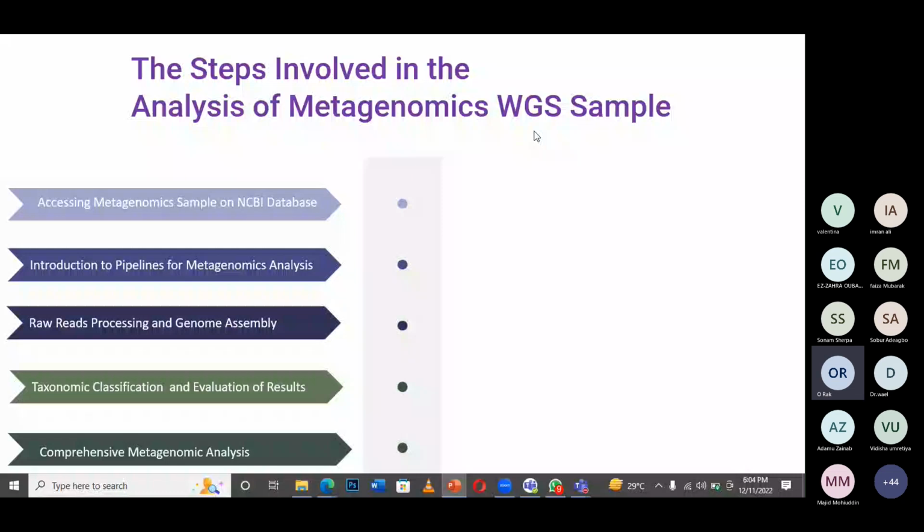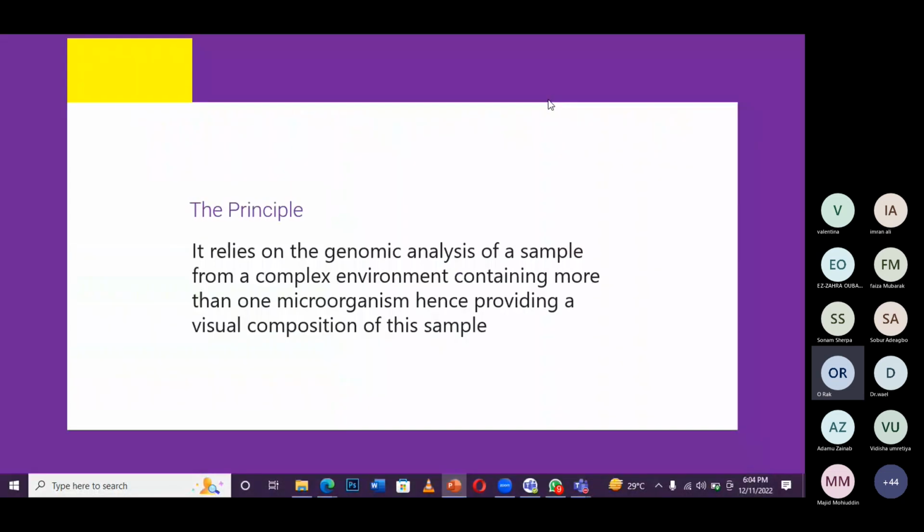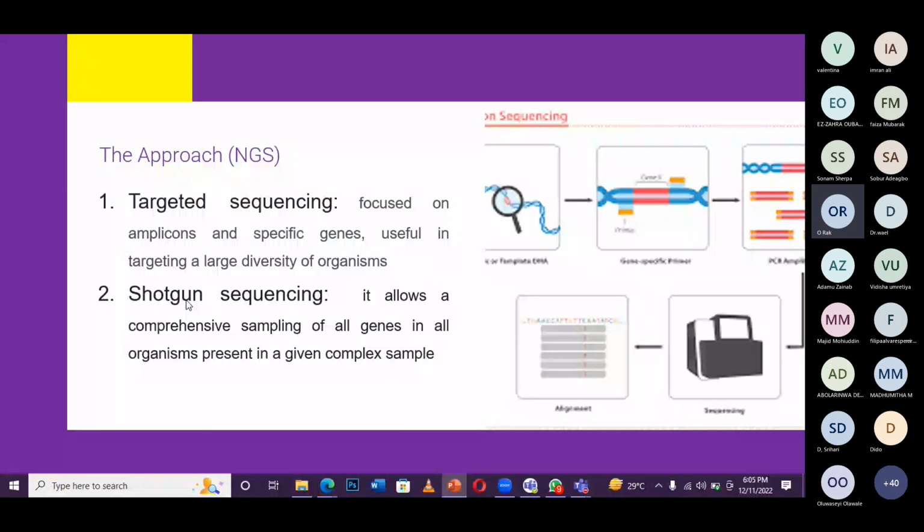This allows comprehensive sampling of all genes. If you're talking about all genes, you're talking about the whole genome of the organisms that are present. But this time around, it is shotgun sequencing, because if you're talking about metagenomics, it is shotgun. Is that clear? Okay. Thank you.